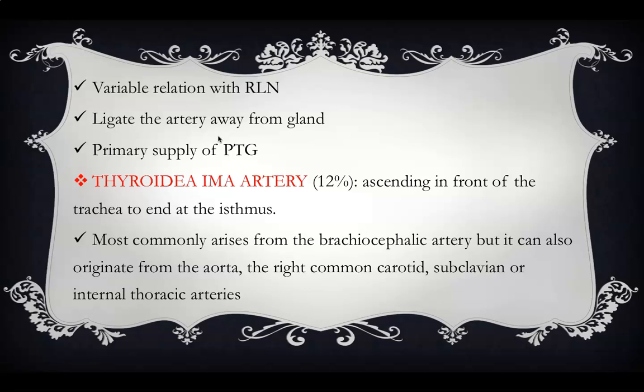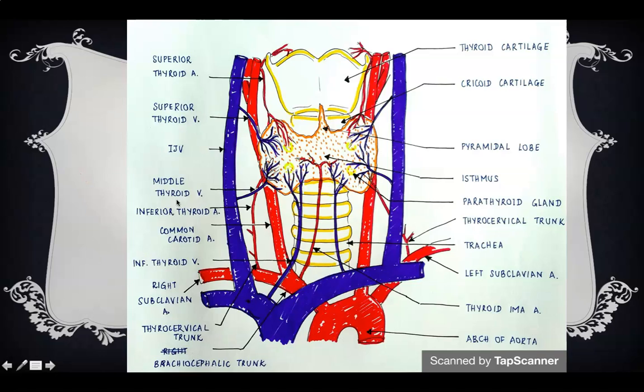The inferior thyroid artery is ligated away from the gland so that we don't injure the recurrent laryngeal nerve, and it is the primary supply of the parathyroid gland. This is important, so we have to save this artery to save the vascularity of the parathyroid glands. And the superior thyroid artery we have already discussed.